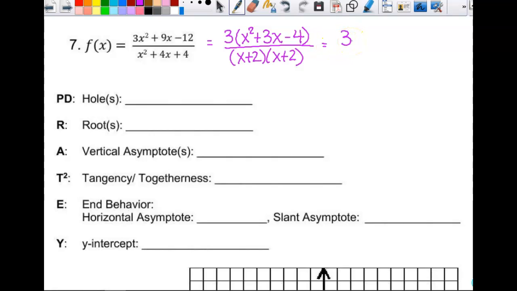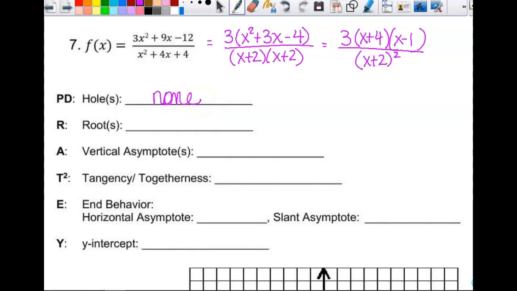Okay, so the numerator, I'm going to factor into x plus 4 and x minus 1. And then the denominator, that x plus 2 times x plus 2, I need x plus 2 squared, right? Okay, so there's nothing to simplify out, so I have no point discontinuity.